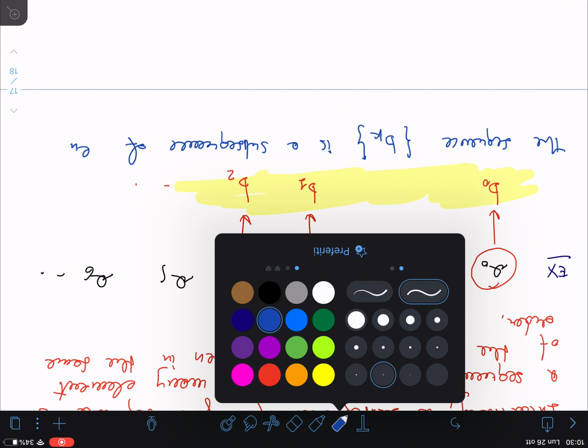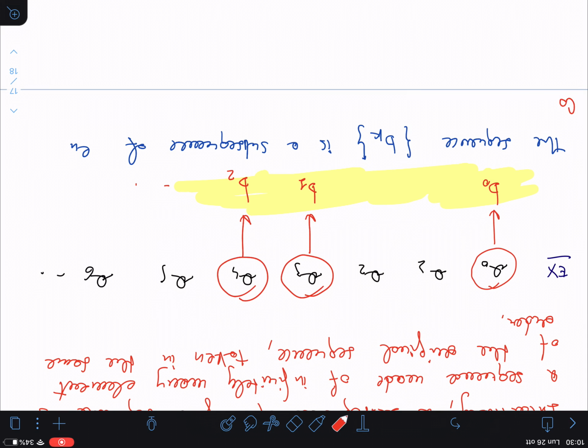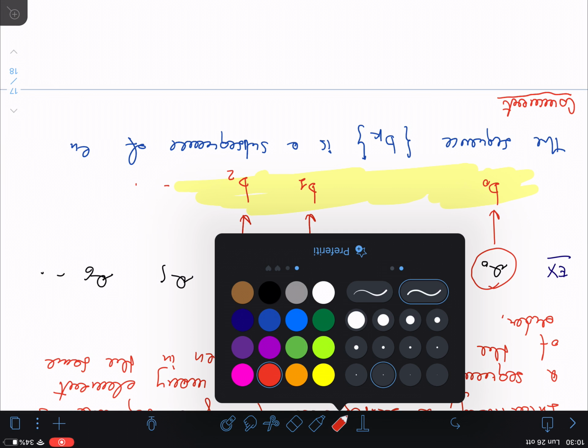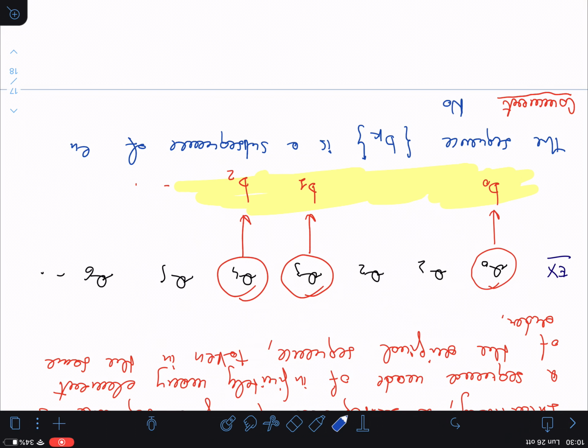A comment that will be quite useful later is the following. Notice that b_k is equal to a_n. For every k there is an n such that this holds.